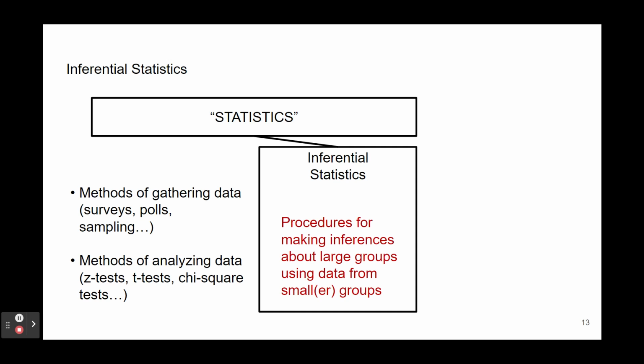Say you collect the math achievement of 5,000 sixth grade students. That is the math achievement of those 5,000 students, but you want to draw a conclusion about the math achievement of all sixth graders in the United States. But you don't have that data. You only have 5,000 data points, right?